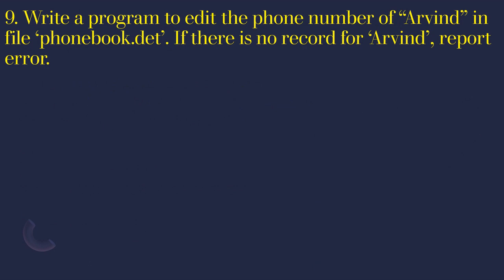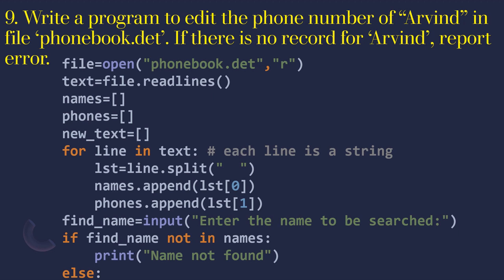Now write a program to edit the phone number of Arvind in file phonebook.dat. If there is no record for Arvind, report error. Now you see like this. So how can we do this? This is one way I had done. You have to read the entire content of the file phonebook.dat and store it in a variable called text. Now check in this whether the particular name whose phone number we want to edit is present in this content or not.